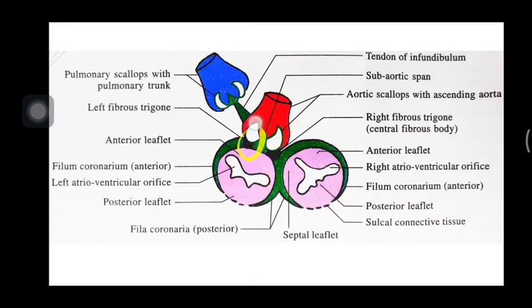This black region is known as the left fibrous trigone, and it lies between the aortic annulus and the mitral annulus. Now this is, as we mentioned earlier, tendon of infundibulum. This is the aortic annulus, this is the pulmonary annulus, and you can see the scallops over this region. One scallop, another scallop over this region, and one scallop will be present over the other side, which cannot be shown in this diagram.